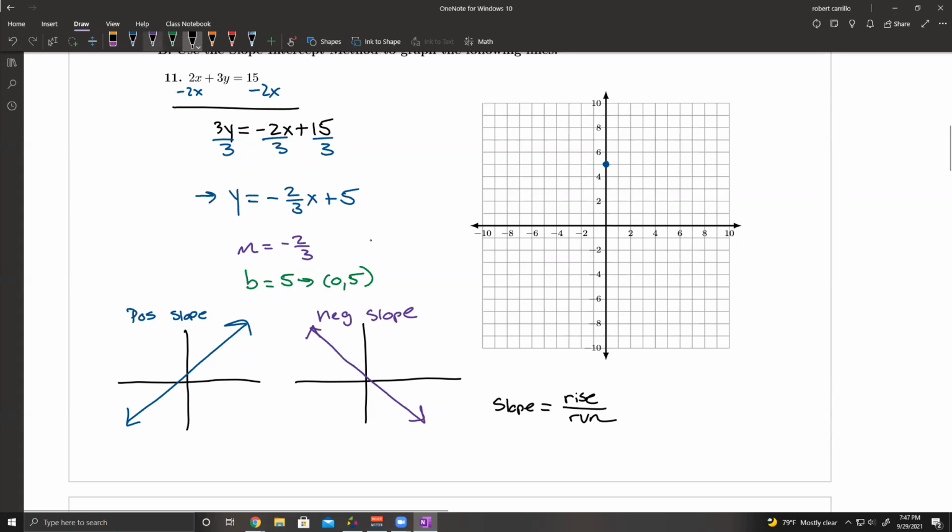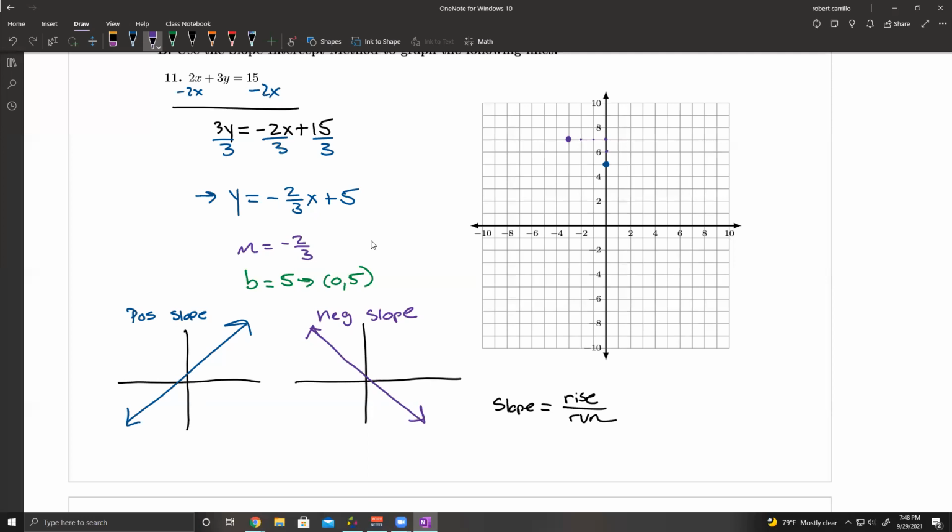From my y-intercept, I'm going to rise 2 units, and run 3 units to the left. 1, 2, 3. And that gives me my next point.